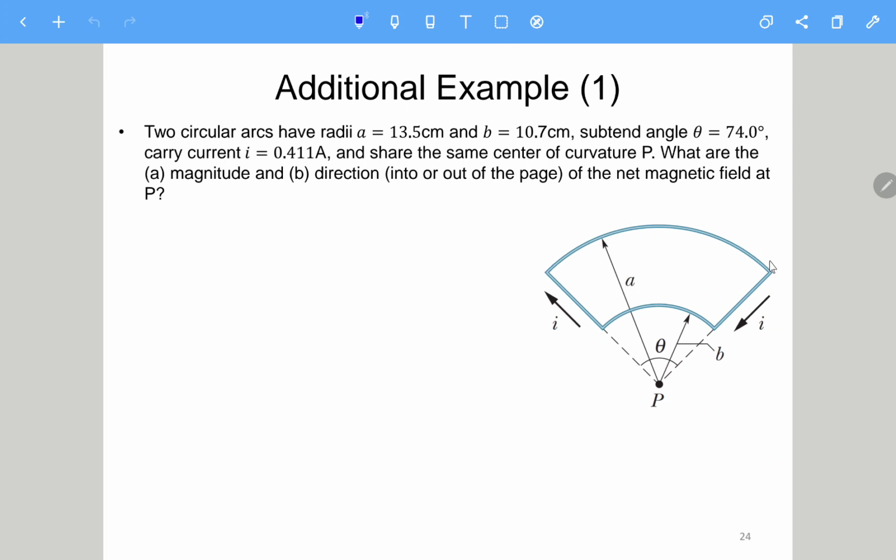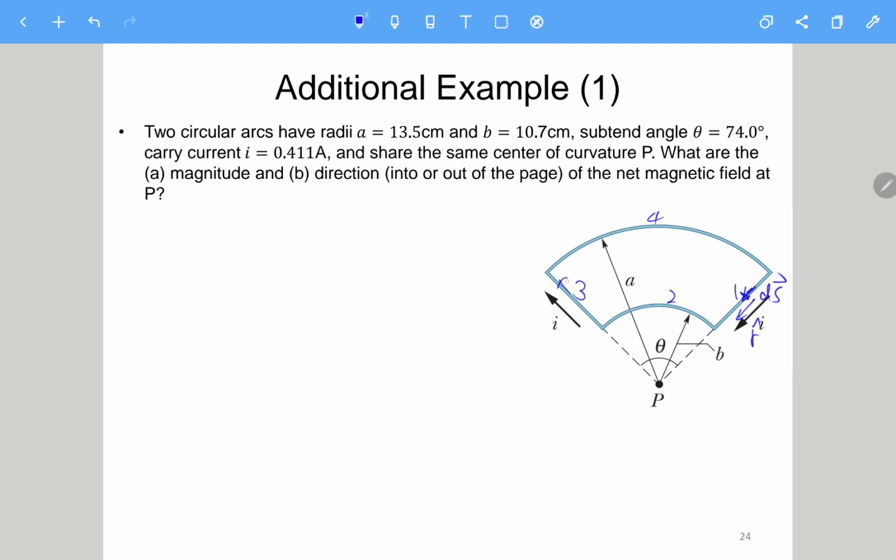Okay, so first of all, this shape has four segments. 1, 2, 3, 4. We can clearly see that segment 1 and segment 3 will not contribute B field at point P, because you can consider the Biot-Savart law. ds is here, and R hat points in the same direction, so ds cross R hat will be 0.